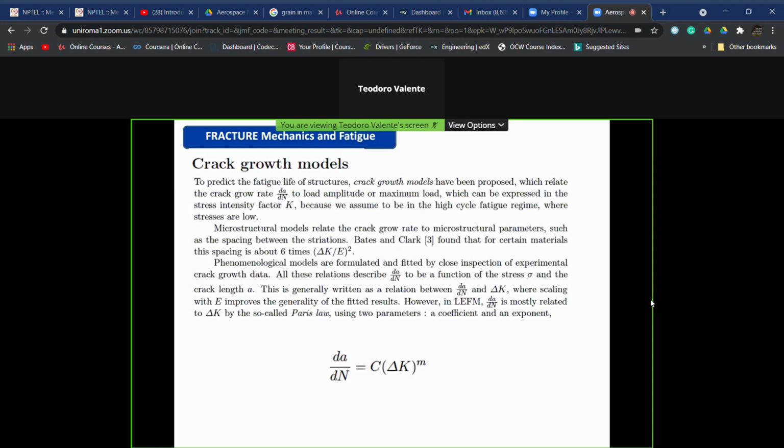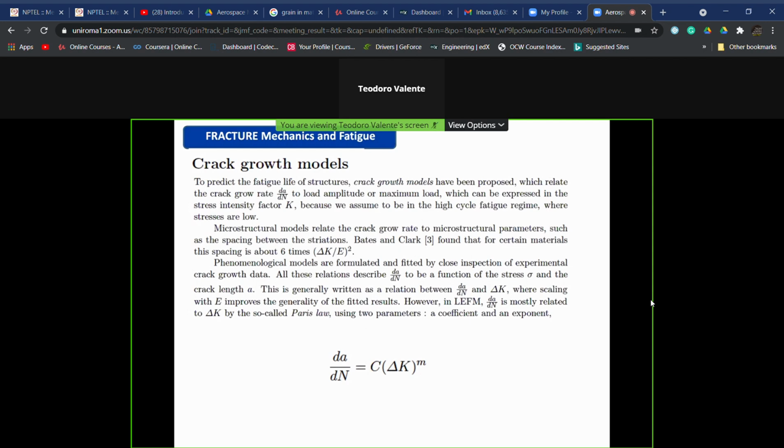There is a very well-known relationship, known as the Paris law, which we have seen some years ago, and which refers to the application of linear elastic fracture mechanics to this kind of phenomena.